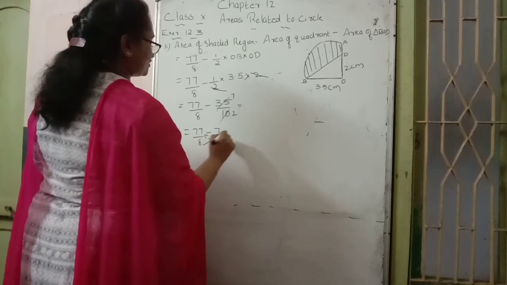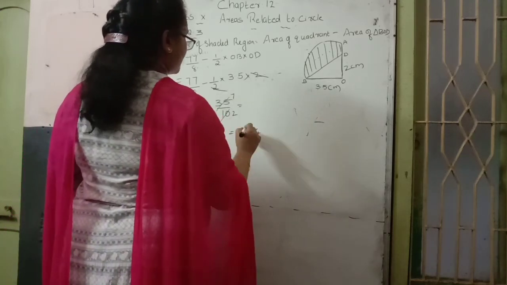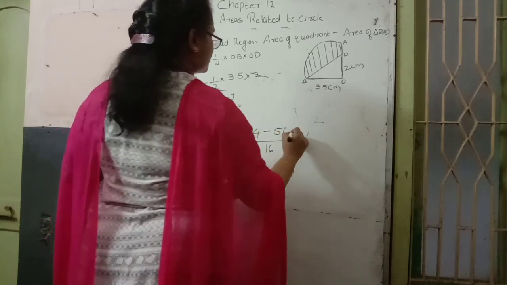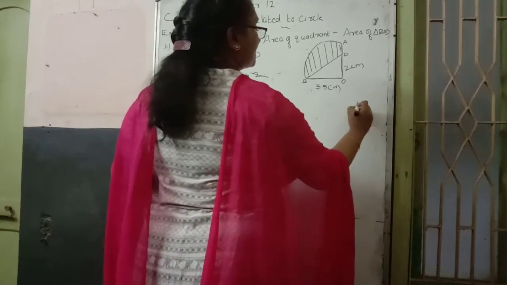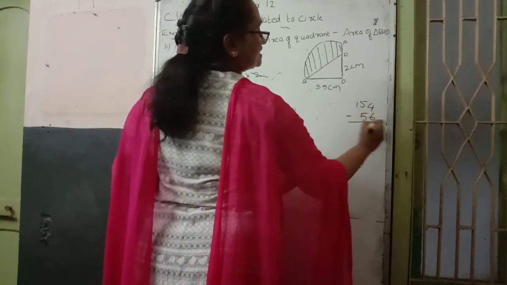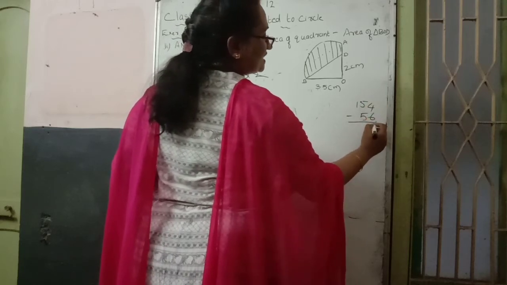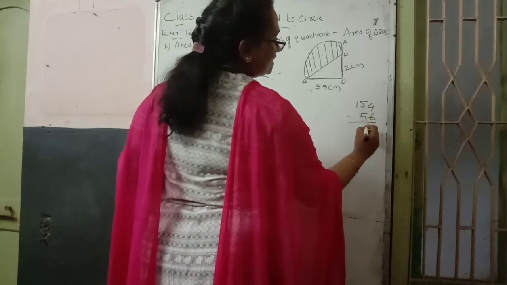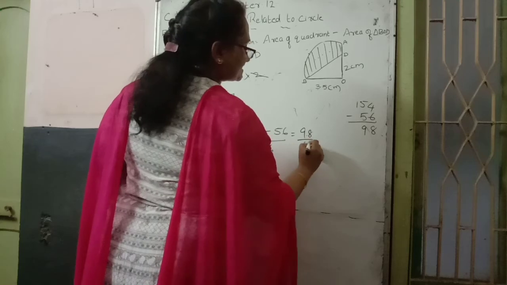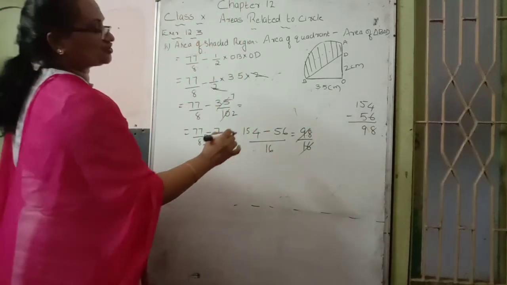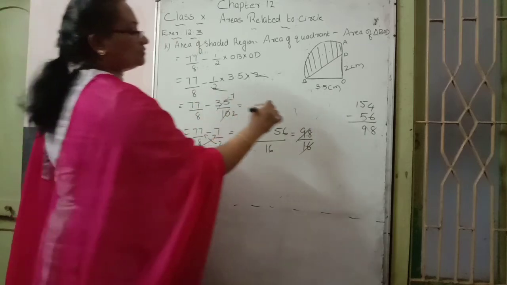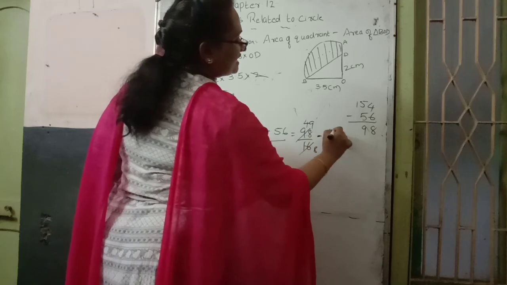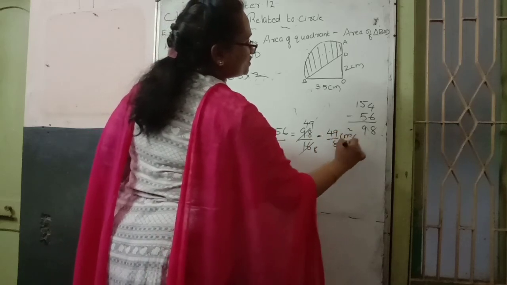Cross multiply, 8 and 2 cross multiply, here 40 remained, 154 minus 8 sevens are 56, divided with 16. So subtraction: 154 is subtracted with 56. 10 minus 6 becomes 8. 14 minus 5 becomes 9. So 98 by 16. Which table is used to cancel? 2 table. 2 table 98 becomes how much? 49. 2 eights are 16, so the answer becomes 49 by 8 centimeter square.